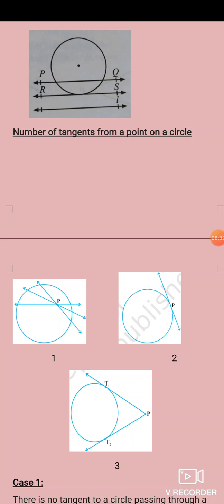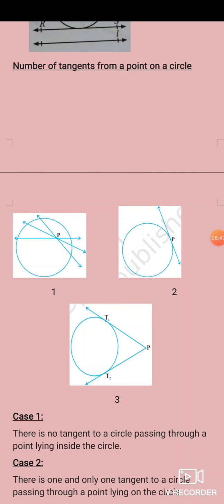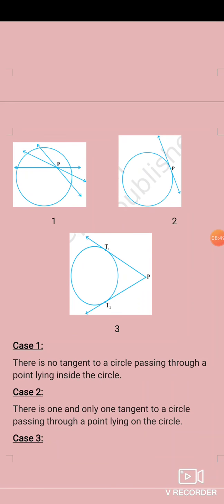Next, if a point P lies outside the circle, from that point P we can draw two tangents to the circle. So these are case 1, case 2 and case 3.